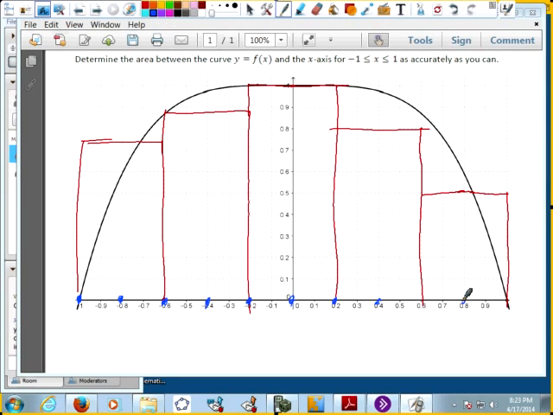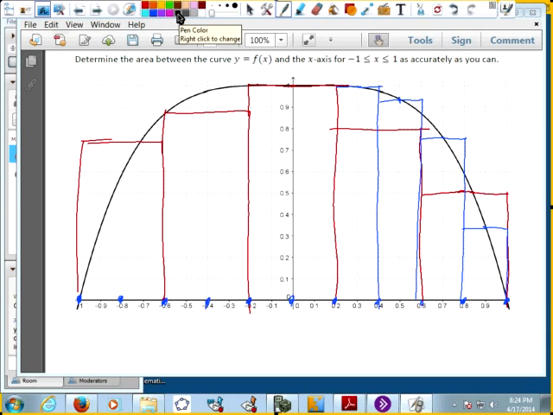And now if I cut each of these 5 intervals in half, and then I go up and say, well, let's take this interval and use its midpoint, and take the next interval and use its midpoint, and the next one and use its midpoint, and the next one and use its midpoint, then what ought to jump out is that you're not getting as much error. You're not getting as much overage and underage, right?